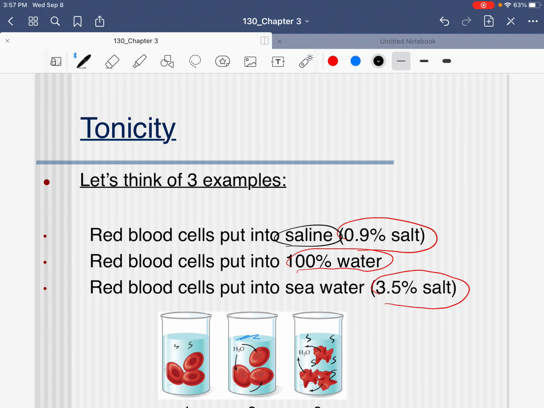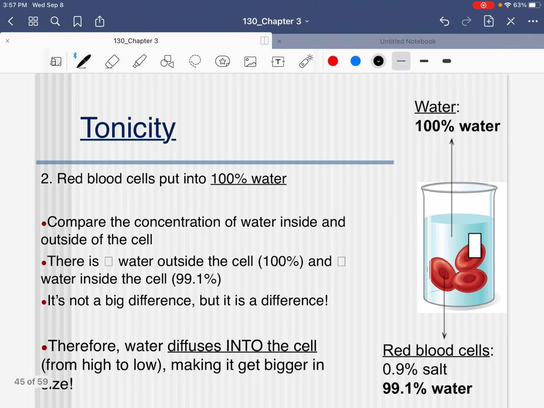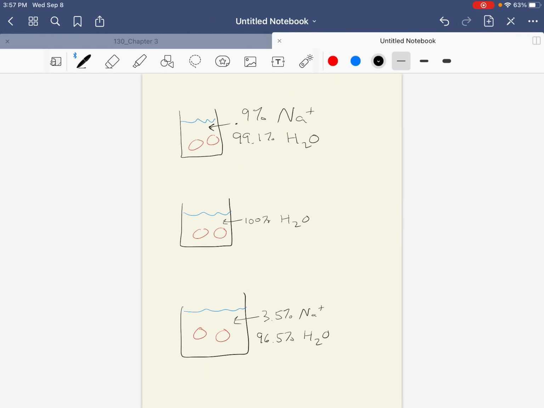So how do we get to the point where we figure out in which scenario do the cells stay the same, get smaller, or get bigger? And the answer is simply going to be we compare. We're going to compare what's the fluid in the red blood cells to what is the fluid outside of it, this fluid.